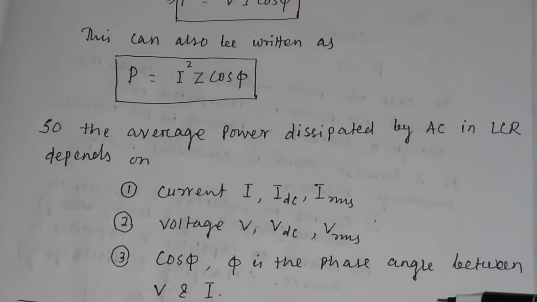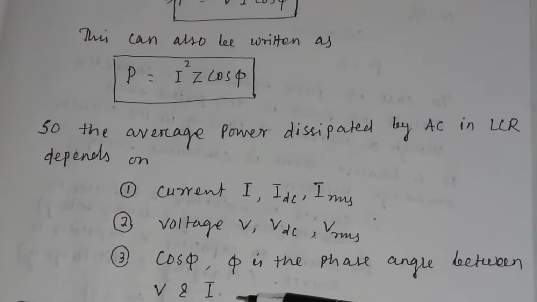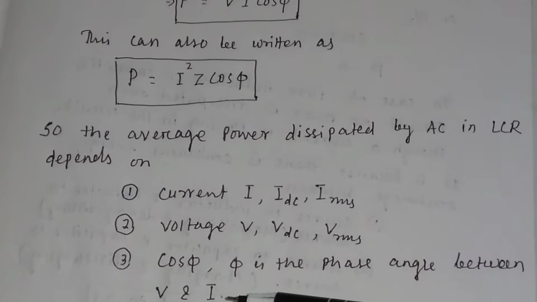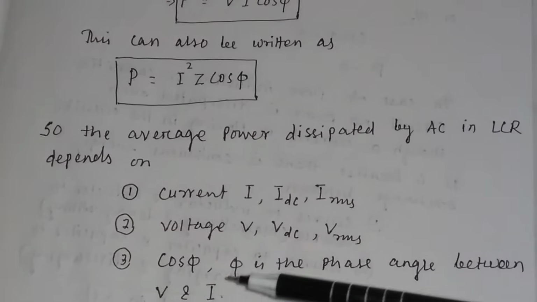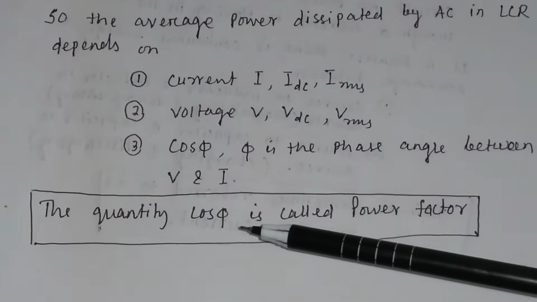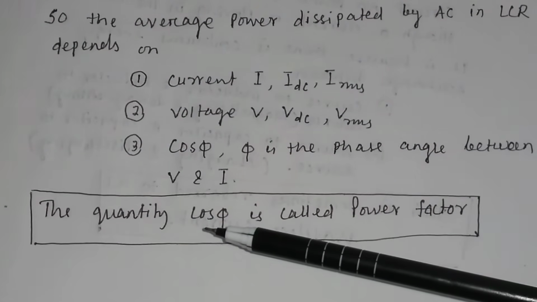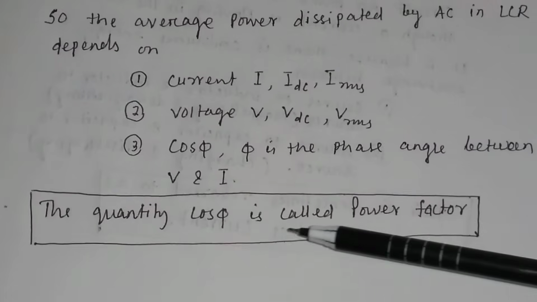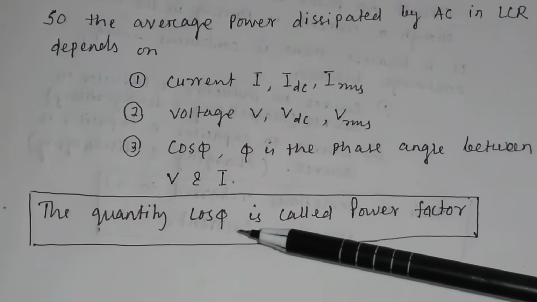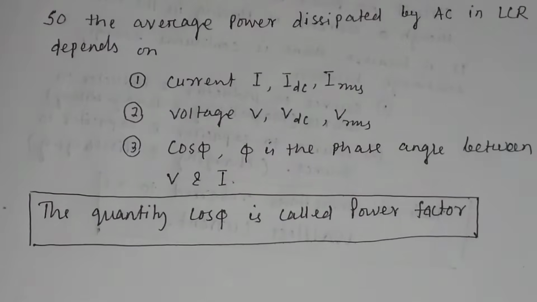Here phi is the phase angle between voltage and current, or RMS voltage and RMS current. It is very important to remember that the quantity cos phi is called the power factor.